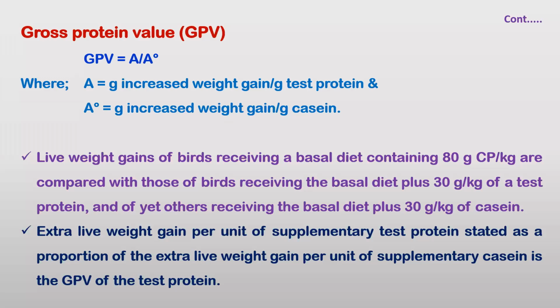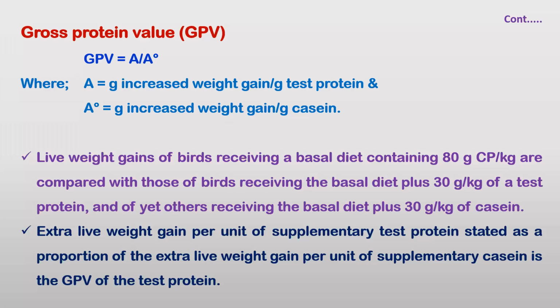You can see here an example of how we can calculate the GPV: the live weight gain of the birds which received the basal diet. Basal diet means the normal diet which is required for maintenance of the bird.